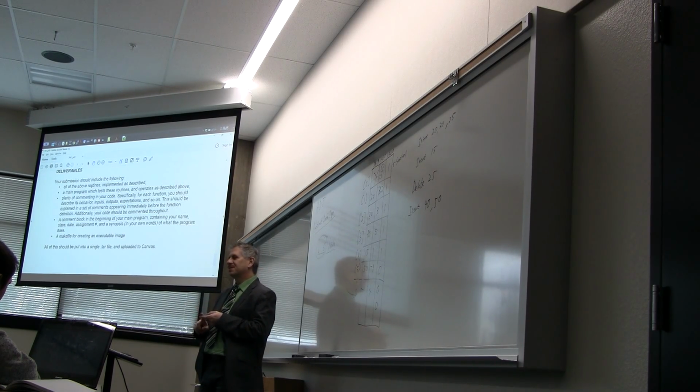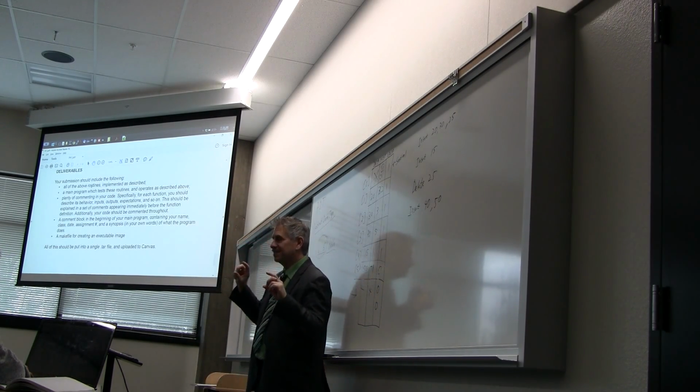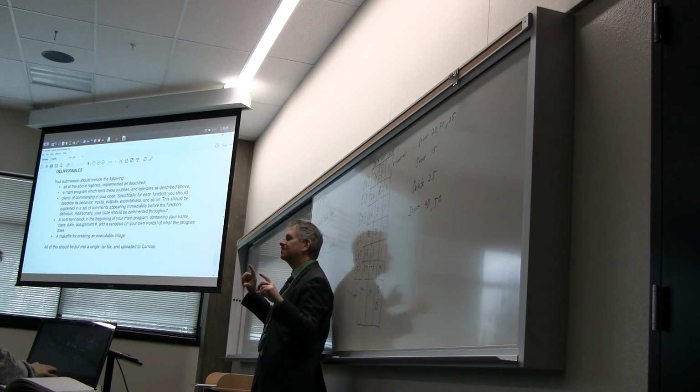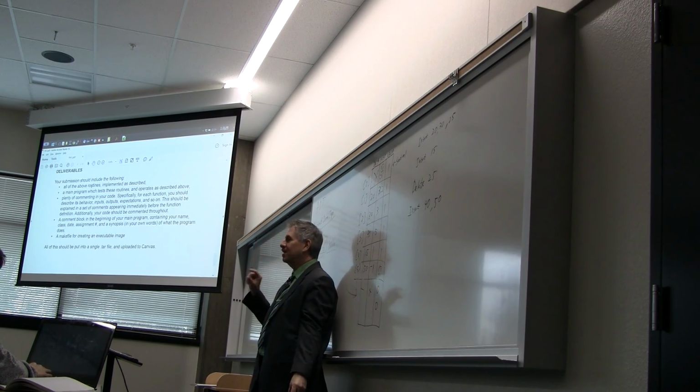I want the name of the function, what it does, what the inputs are, what the output is, what the behavior is, the side effects, everything. That goes in a little comment block right before the declaration of the function. Not in the prototype, but where you're actually making the function itself. Right before that, a comment block describing the function. Every function.